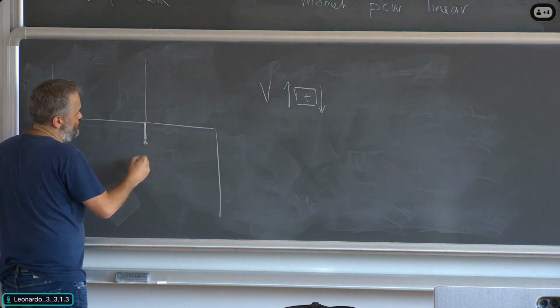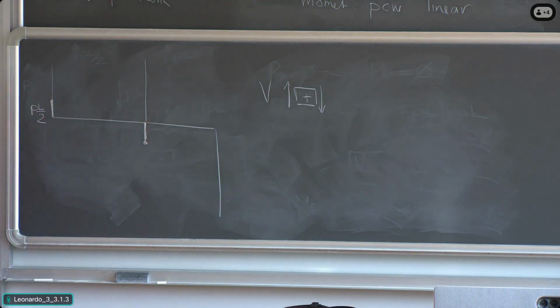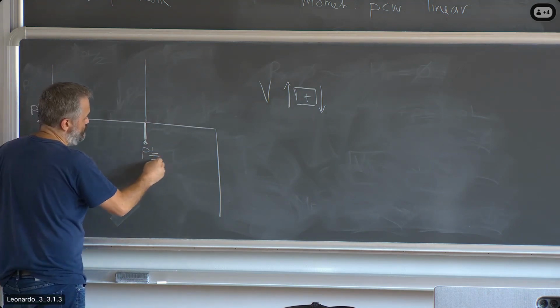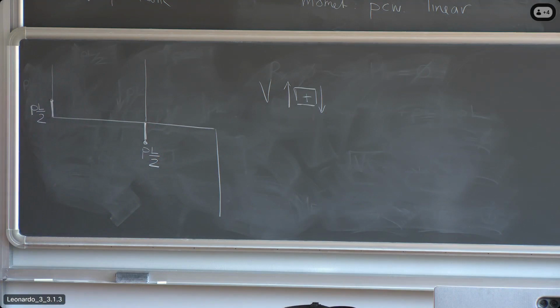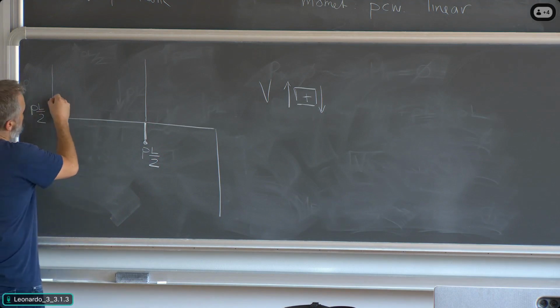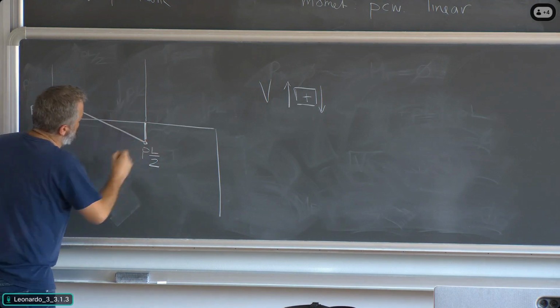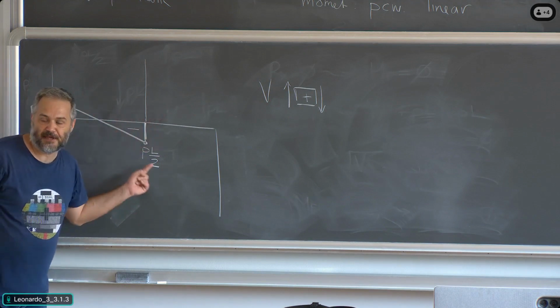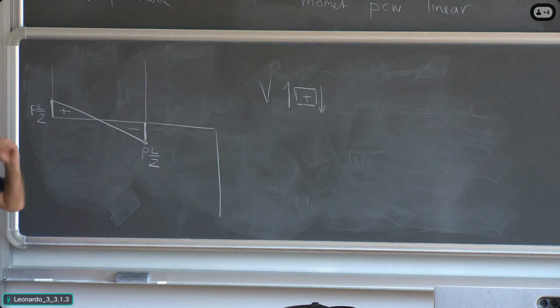These are the two limit points of the shear force diagram. Again, PL divided by 2. What is the trend in the middle? You don't need to work out the complete equation. You know it's linear. You simply draw a straight line connecting the two points. And you put the plus here and the minus here because all the first half span is positive, all the second half span is negative.